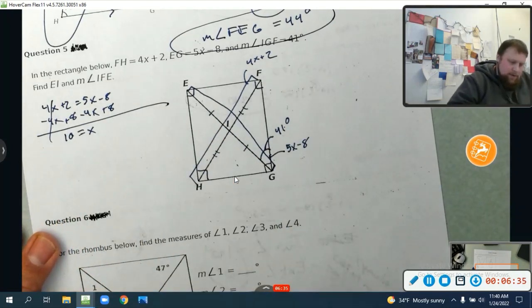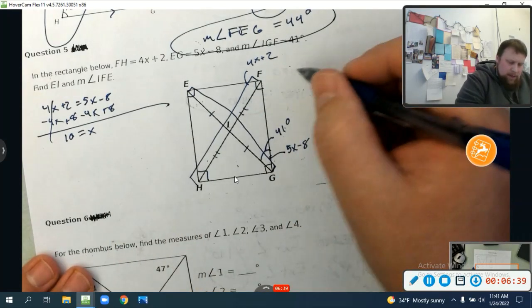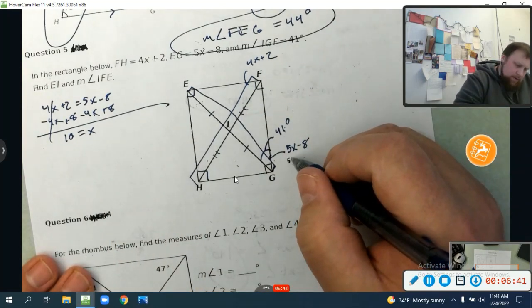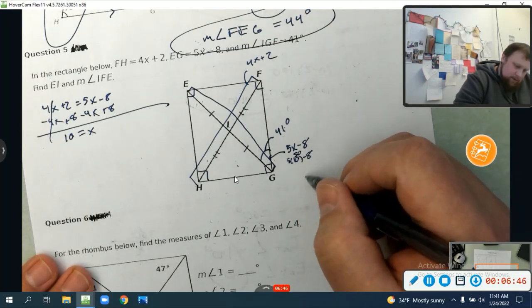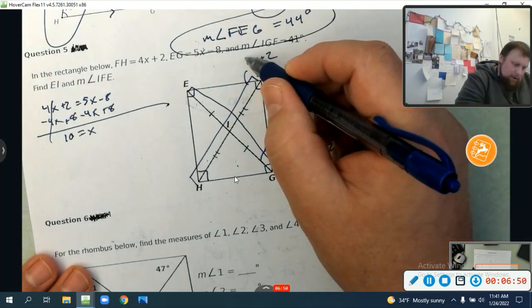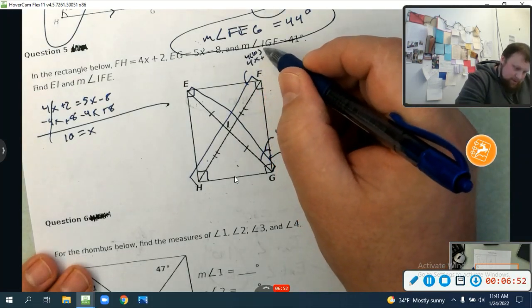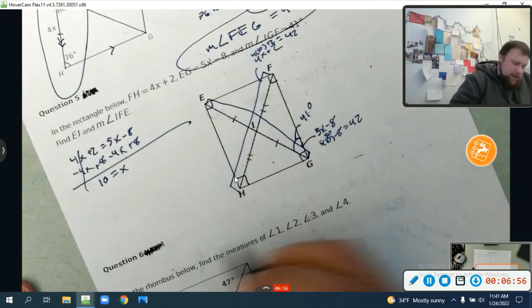Well, that's easy enough. So if x is 10, let's go ahead and plug that in. I'm going to get 5 times 10 minus 8, which is 50 minus 8, or 42, right? Same up here, by the way. 4 times 10 plus 2 is 42, okay? And then I just need to cut that in half.